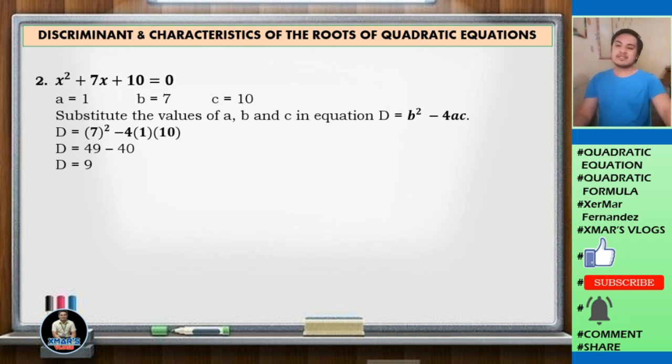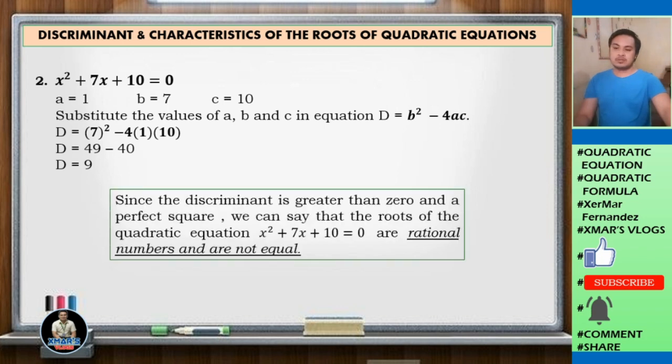So what is the characteristic of our roots? Since the discriminant is greater than 0 and a perfect square, we can say that the roots of the quadratic equation x squared plus 7x plus 10 equals 0 are rational numbers and are not equal.